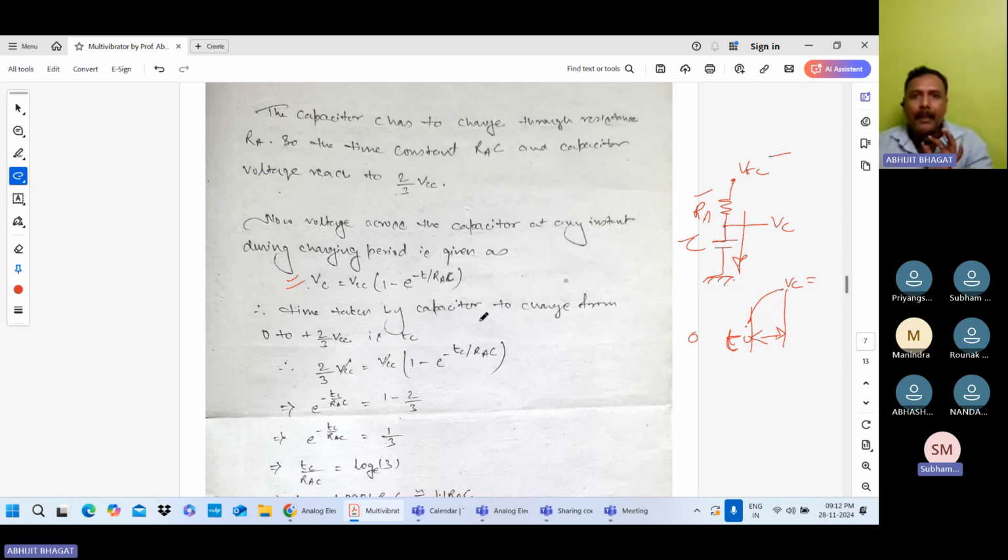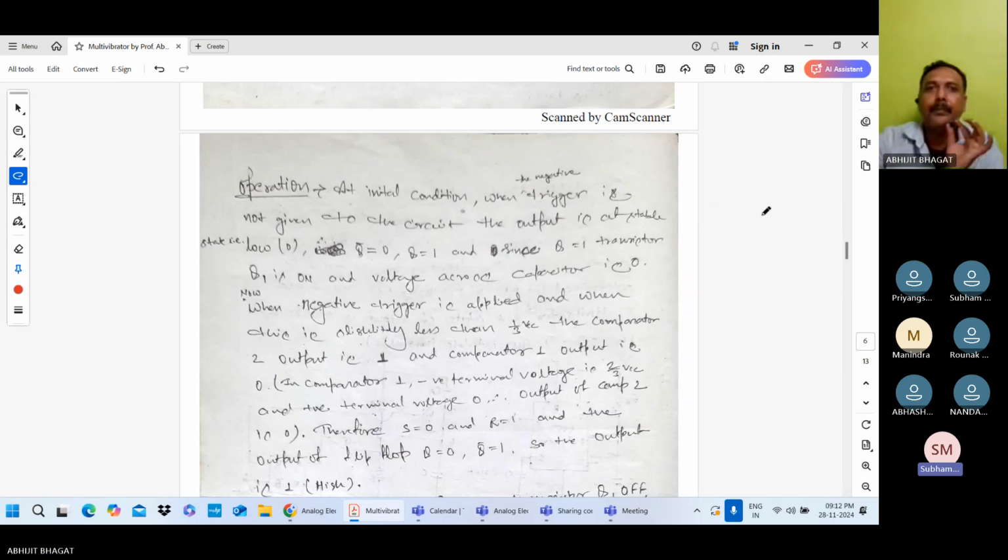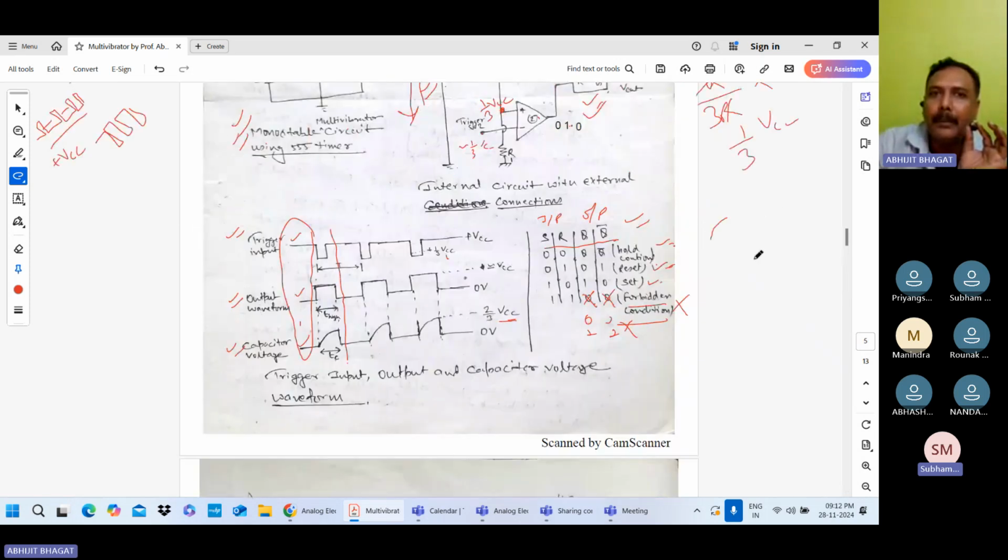अच्छा, time taken by the capacitor to charge from 0 to 2/3 VCC. अब देखो, here this VC, ये जो VC value है कितना हो रहा है? ये maximum 2/3 VCC तक चार्ज हो रहा है. So in this particular case, it is 2/3 VCC.